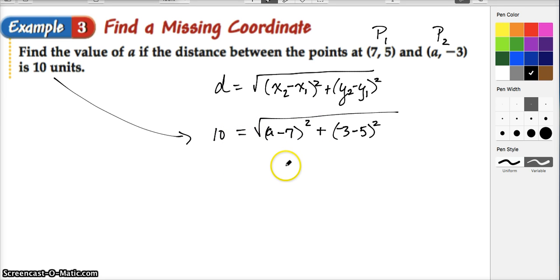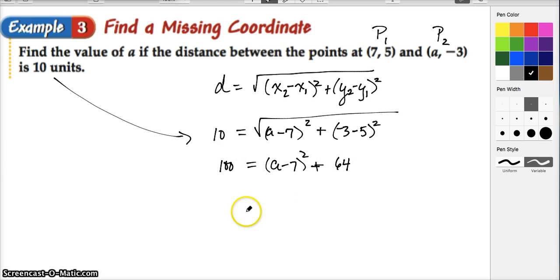Well, you know from last time when we were working with not quadratic but radical equations, we need to square both sides once we can isolate the radical, which it is isolated, and so we get a minus 7 quantity squared plus, now negative 3 minus 5 is going to give me a negative 8, and that's going to also turn into a positive 64 if I square it.